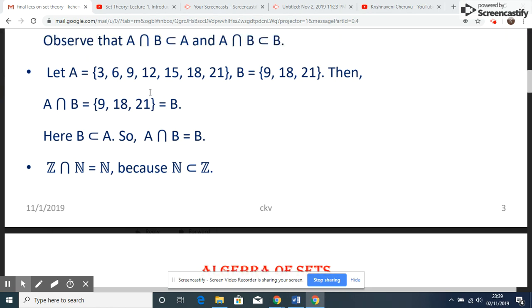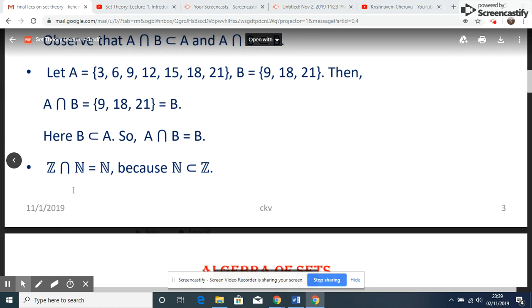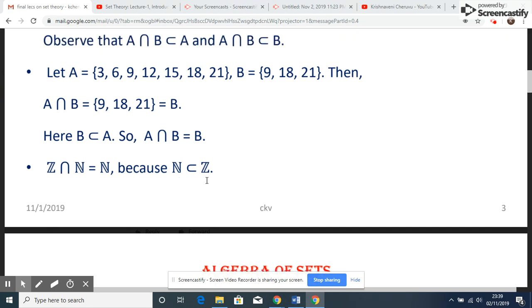The elements common to both A and B are 9, 18, 21. So in the case of intersection of Z and the set of natural numbers, it is the set of natural numbers because every natural number is an integer.